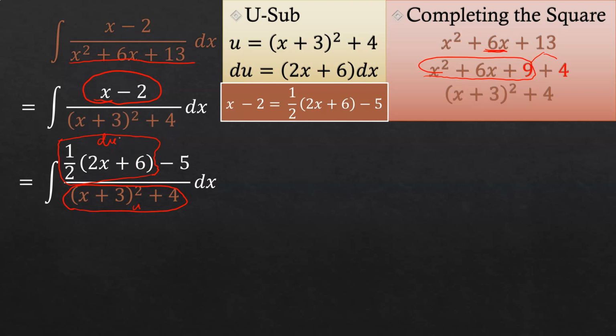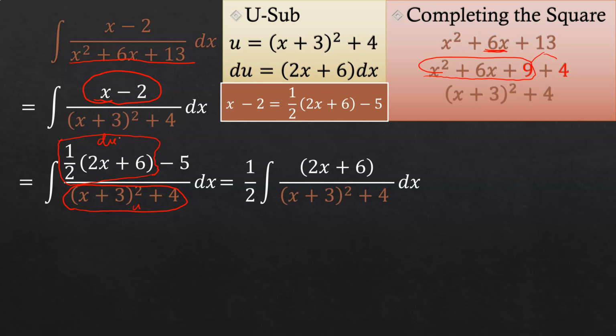Well, I'm going to have to split that integral. So I'm going to split that into 1/2 can go in the front. 2x plus 6 dx over x plus 3 squared plus 4. That would be the first part. The second part will be -5, the integral of -5 over that denominator.